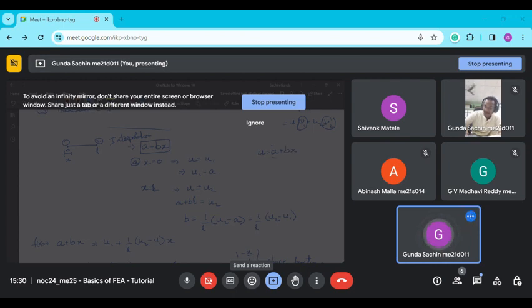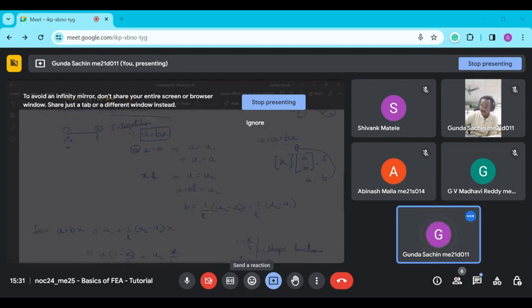Finally the unknowns will be a and b, and you will get something like A times (a, b) equal to f. You can solve it for a and b, then if you substitute them, you can finally get u again.